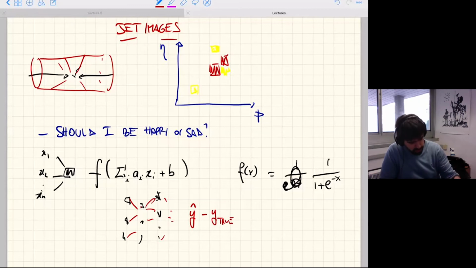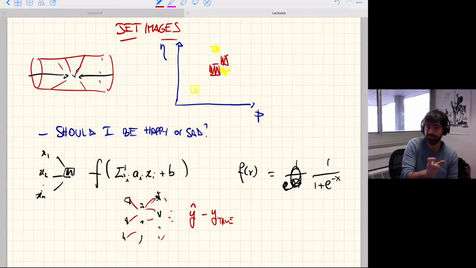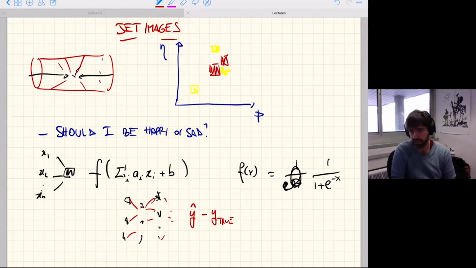Because remember, I'm doing supervised learning, so I know whether the inputs came from the signal or the background. And it evaluates the difference between these two with some function, which is called the cost function or the loss function, and then goes back and tries to minimize the parameters of the network, the A's and the B's, so that the loss is minimal. And it does this over and over again, so that it gets the best possible set of parameters to classify.